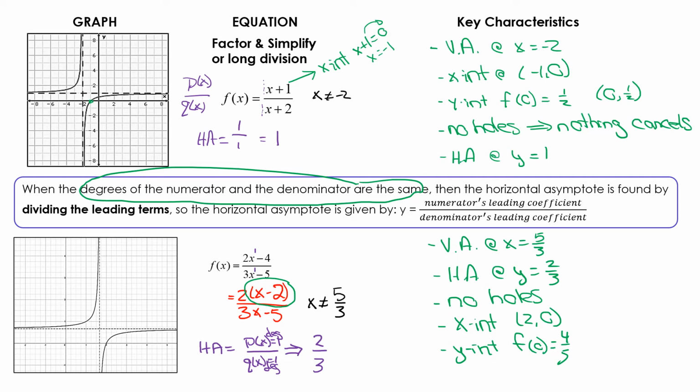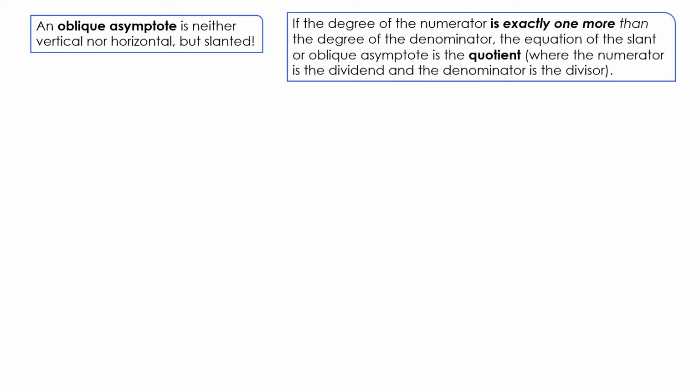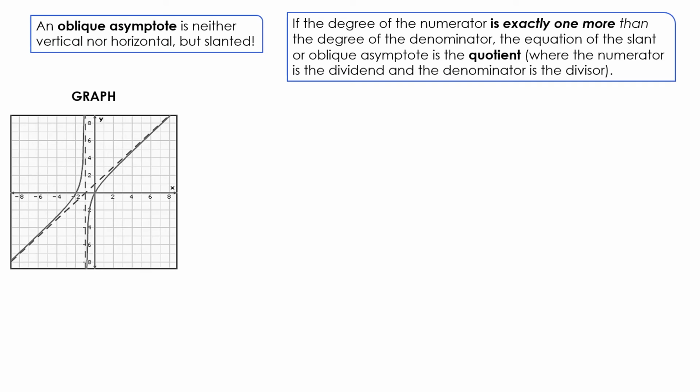This is getting even more complex looking here with our next one. We have an oblique asymptote. That's not vertical or horizontal, but it's slanted. If the degree of the numerator is exactly 1 more than the degree of the denominator, then the function will have a slant asymptote, and we will divide to find that. So look at this graph here.